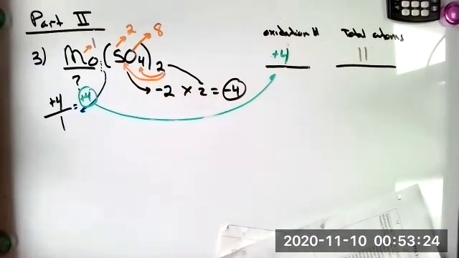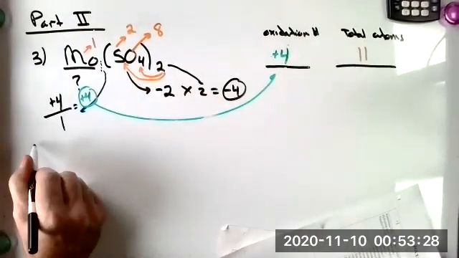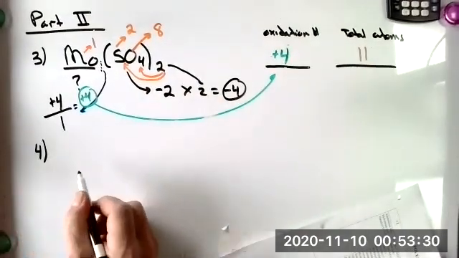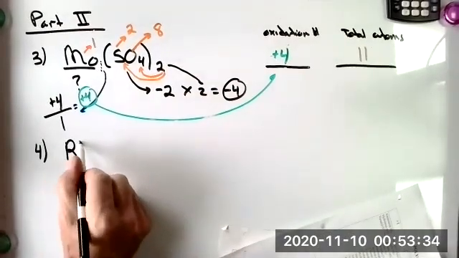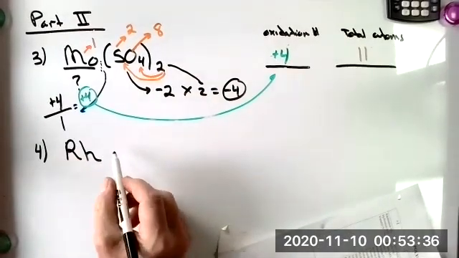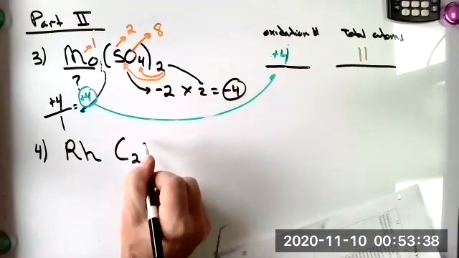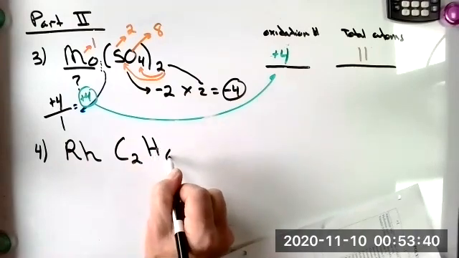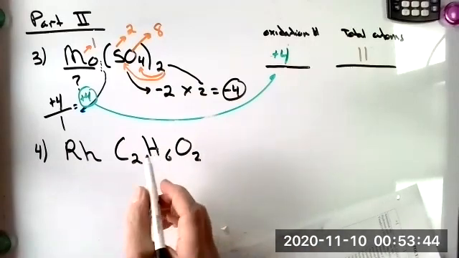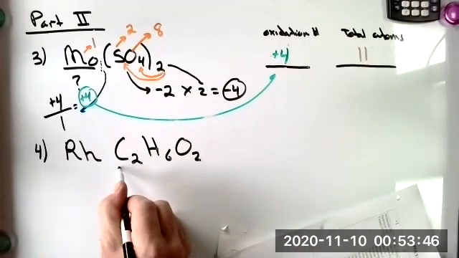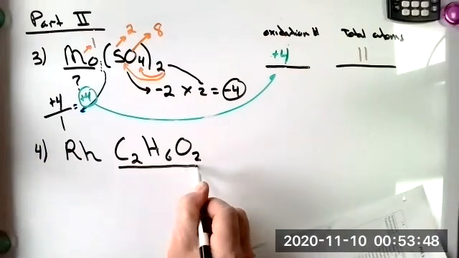Okay, let's now, now I have to show you this one. Well, not show you, I'm going to have you try this one. Let's use good old rhodium and a C2H6O2. But now, this part is underlined.